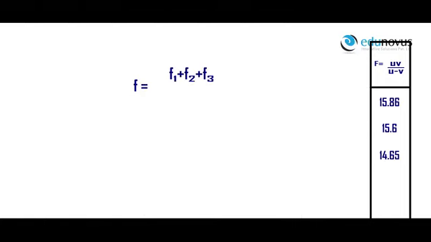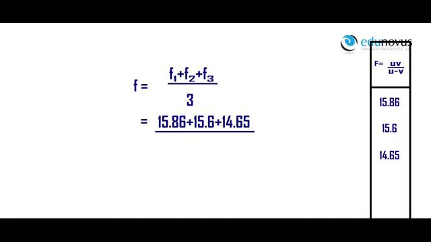F is equal to (F1 plus F2 plus F3) divided by 3, that is equal to (15.86 plus 15.6 plus 14.65) divided by 3, which is 15.37 centimeters.